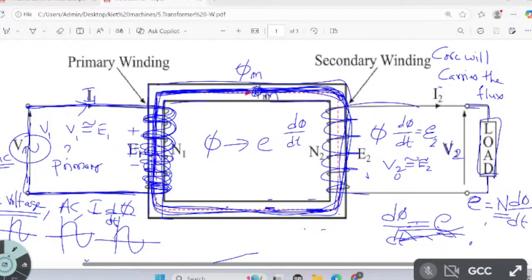The EMF induced is equal to N dφ/dt. So the number of turns will decide the induced EMF magnitude, whether it is primary or secondary; it purely depends upon the number of turns, that is N1 or N2.